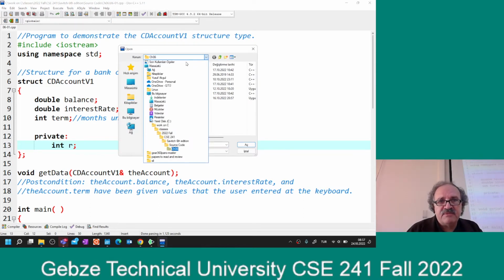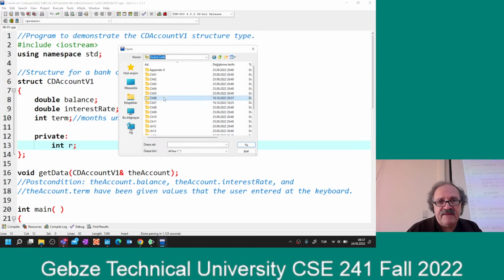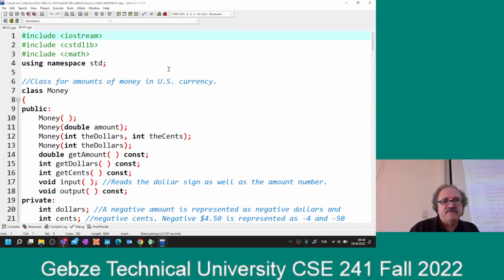Okay, let's go to chapter number 8, and let's open our first example. Now we have this money class. Instead of using our bank account class, this is very similar. This is just money to represent money. Money is represented again by the dollars part and the cents part.